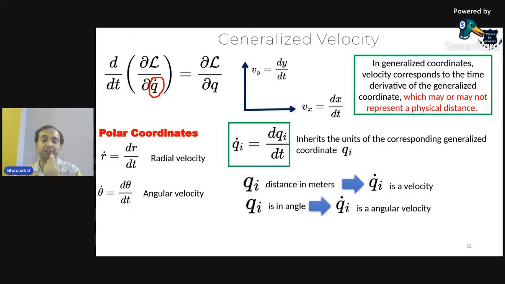Units may vary, so generalized velocity inherits the units of the corresponding generalized coordinate. If qi is a distance, then qi dot is a velocity in meters per second. If qi is an angle, then qi dot is an angular velocity, and so on.